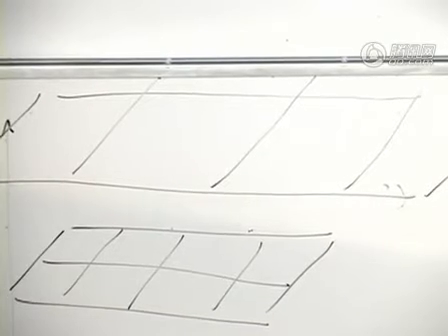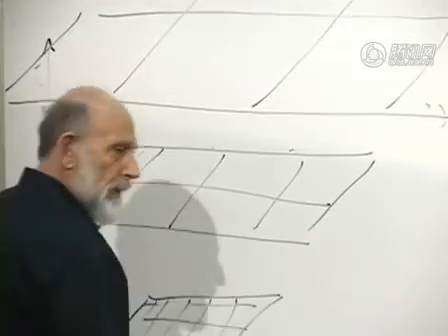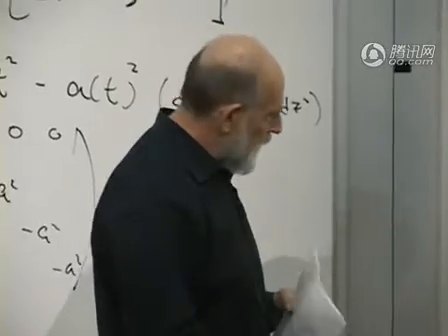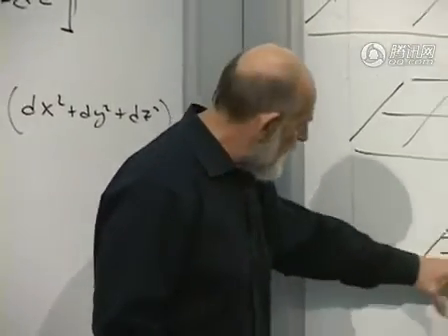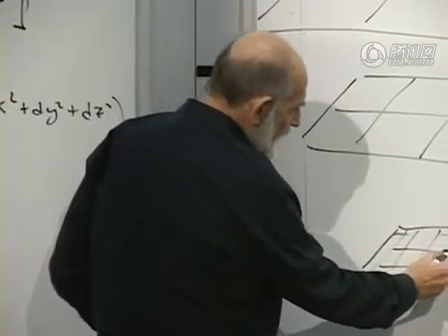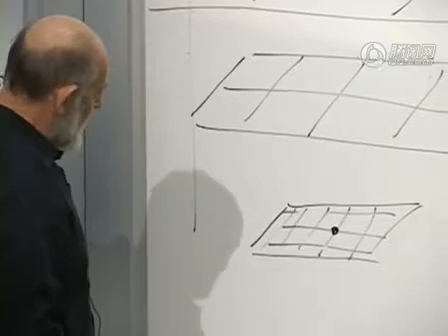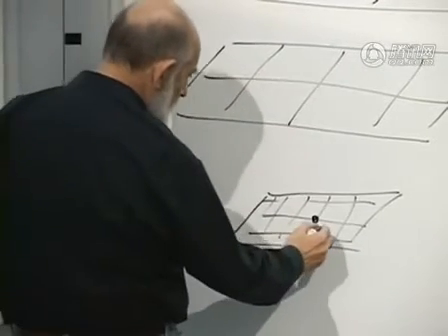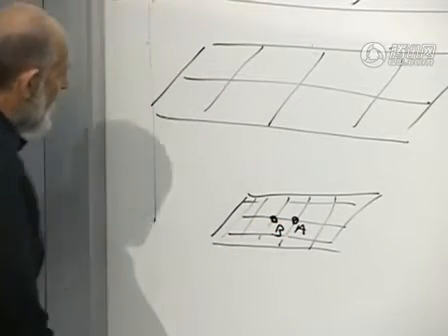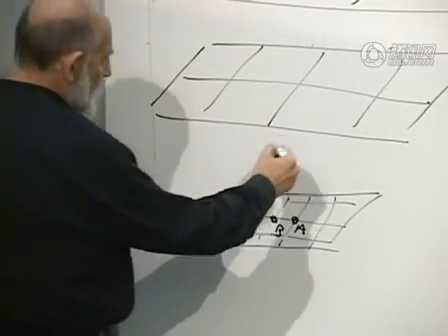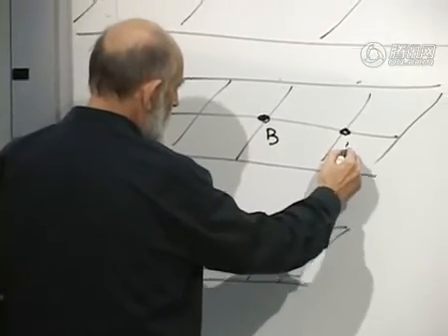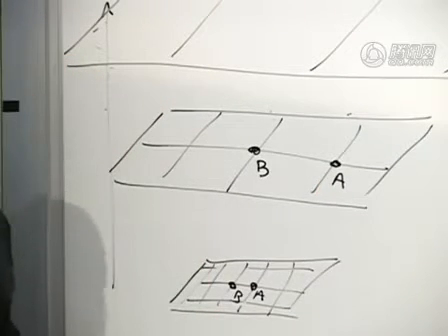As time goes on, the sheet of rubber is expanding. And so the actual distance measured in meters, or centimeters, or whatever it's measured in, is expanding as time goes on. But this is Alice's galaxy over here. This is Bob's galaxy over here. Alice and Bob remain separated by 1 unit of coordinate.